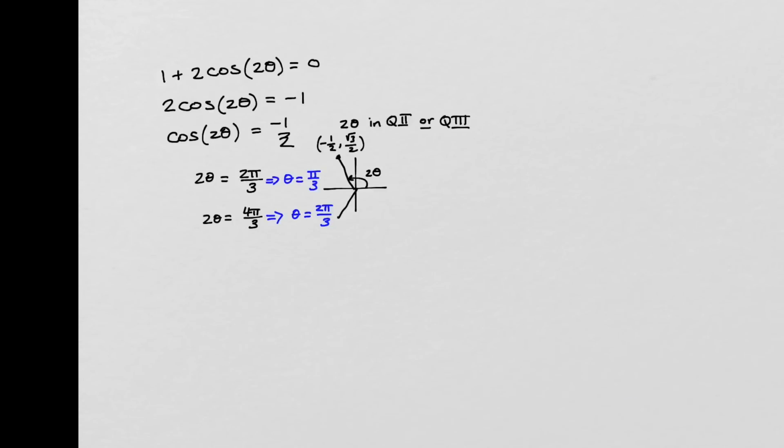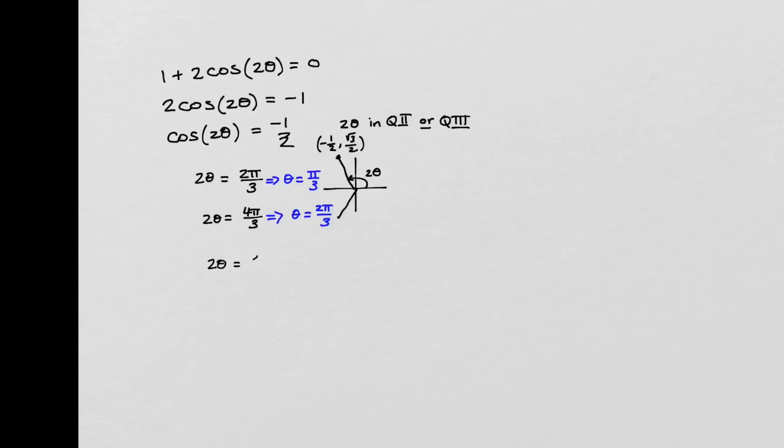Okay, so now I'm ready to continue this problem. And so far I've found that 2 theta is equal to 2 pi over 3, or 2 theta is equal to 4 pi over 3. So next, 2 theta could equal the quadrant 2 angle that is coterminal with 2 pi over 3.